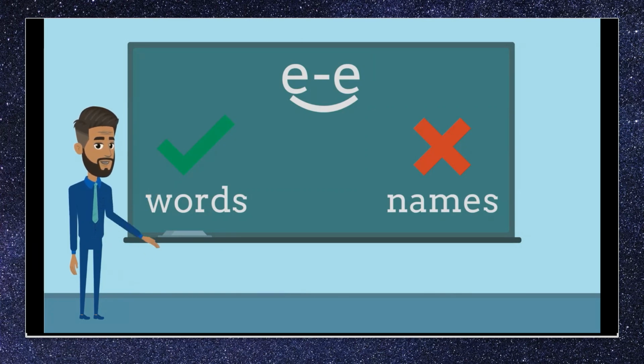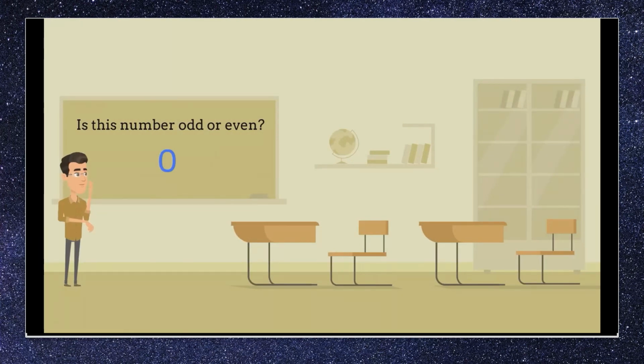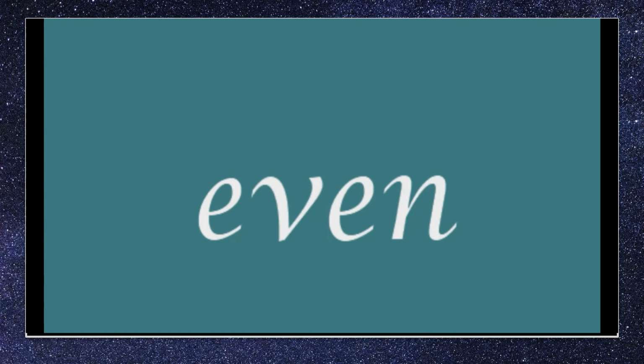Now, let's see what's happening around the world. Here we have Steve, who is not sure if this number is even. So, which word in that clip had the E sound? It was even.